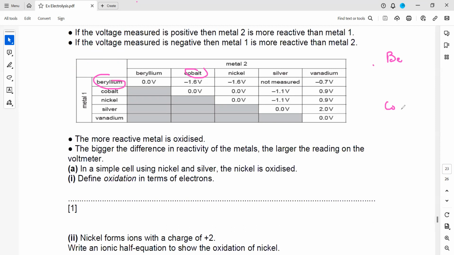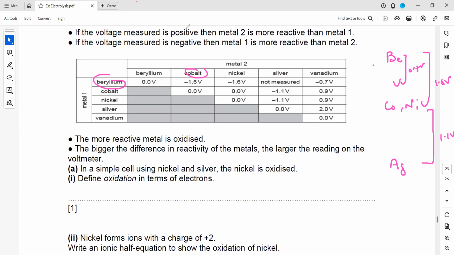Nickel and cobalt, it is more reactive when the voltage is 1.6. Then beryllium and silver is not measured, and beryllium and vanadium is measured, that is negative 0.7. It means beryllium is more reactive. This is 0.7. Then we measure cobalt and silver, which is minus 1.1. It means cobalt is more reactive, and this is 1.1.